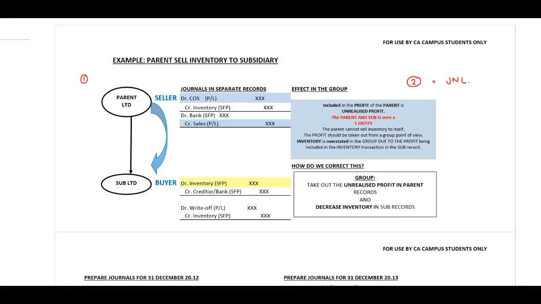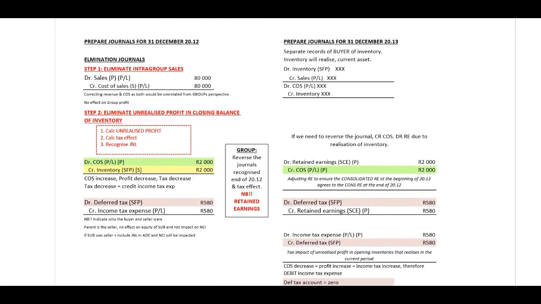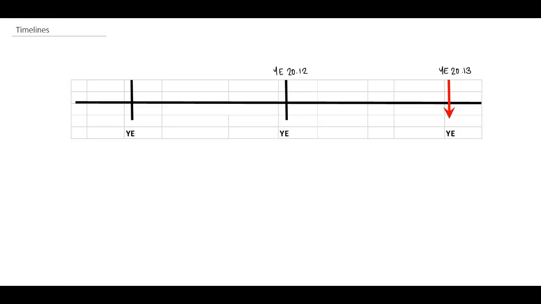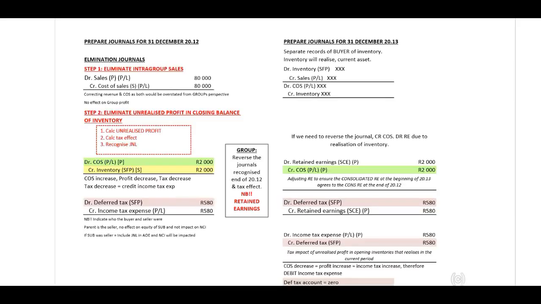If it is straightforward, I do not make use of a timeline. But if it gets complicated, I prefer to make use of my timelines. I need to prepare the journals for 2012 as well as 2013. Therefore, this will be my step number 3 if it's a complicated transaction. Now, my step number 4 will be to include my elimination journals.